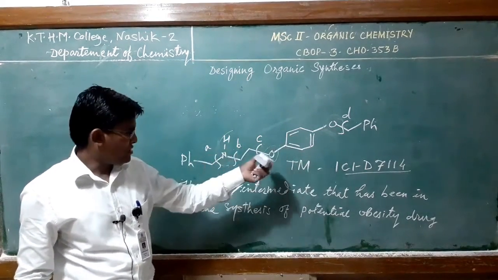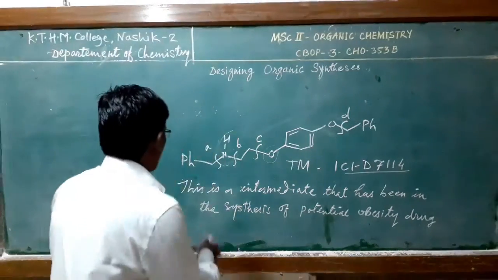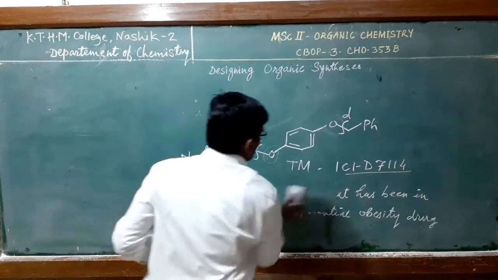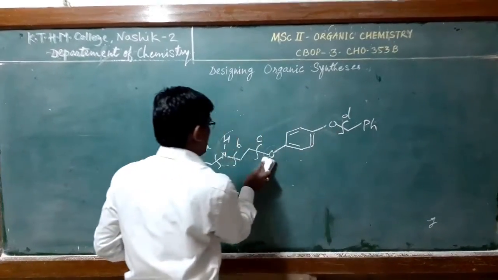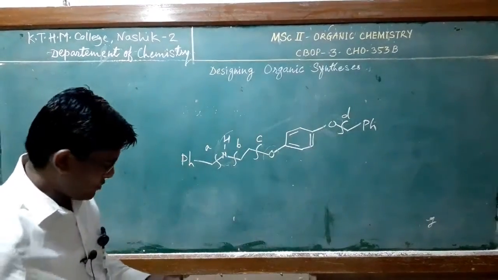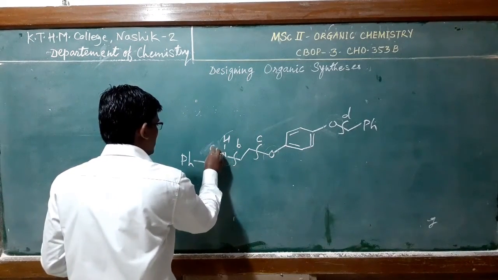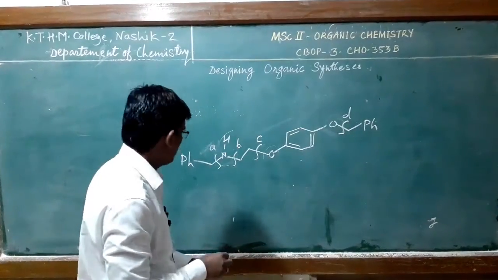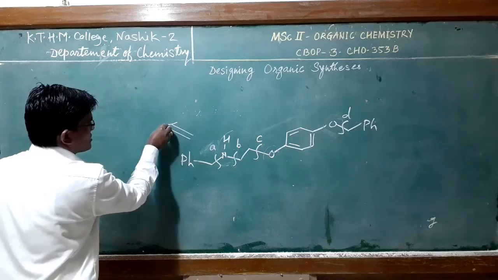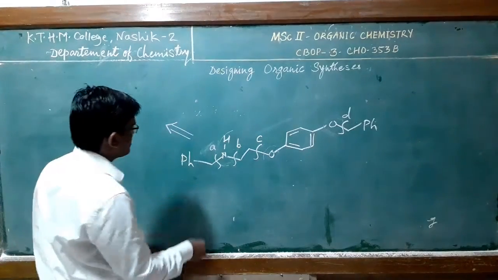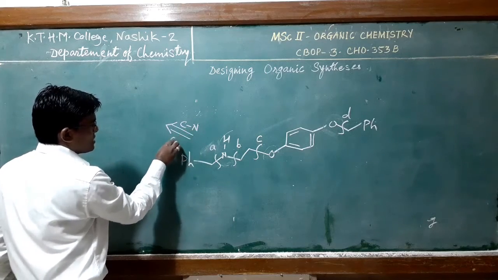So I have drawn them over here, and we will see them one by one. First of all, we will see disconnection A. I will use the colored chalk. When you disconnect this C-N bond, on the arrow you can write C-N amine bond.